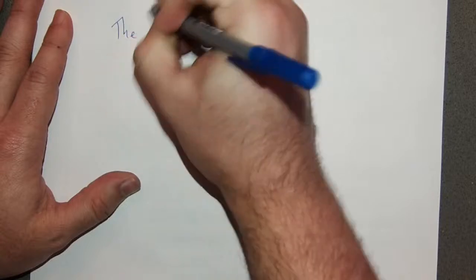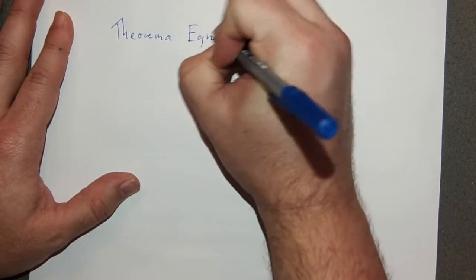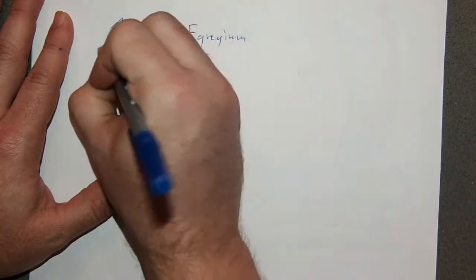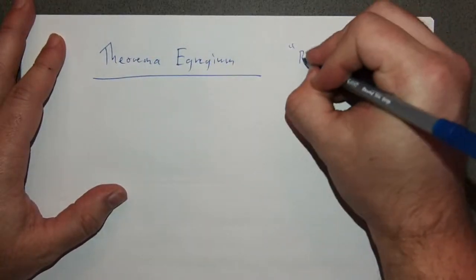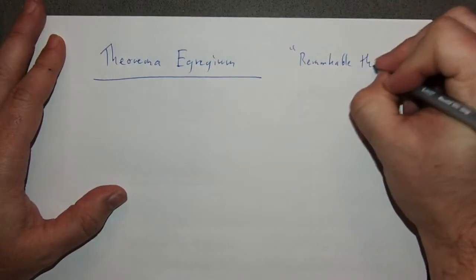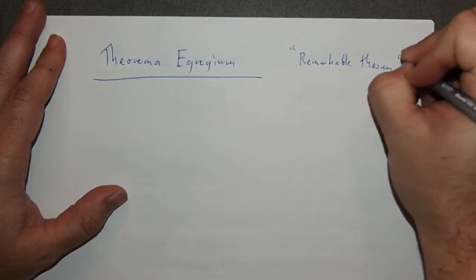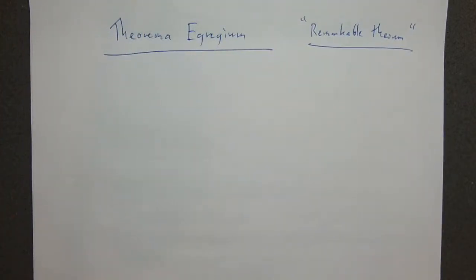This theorem is called the Theorema Egregium. This is what he proved, which is the remarkable theorem. It's remarkable because it's not really expected that this would be the case.